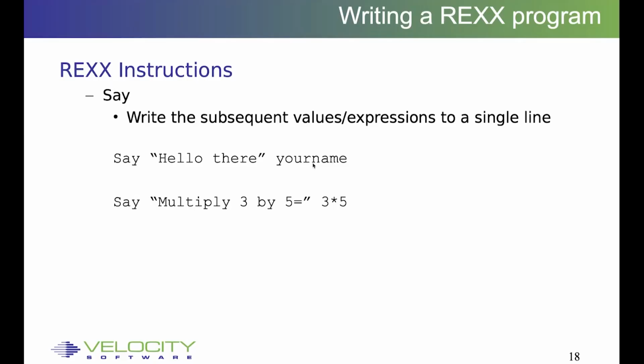Otherwise, it would just say hello there, and YOURNAME will be in capital letters, the literal your name, since it's not initialized. We can also put an expression on the say statement. So if we want to multiply 3 by 5, for instance, we can put 3 asterisk 5 as part of the say statement, and REXX will very happily calculate the result and display the value for you.